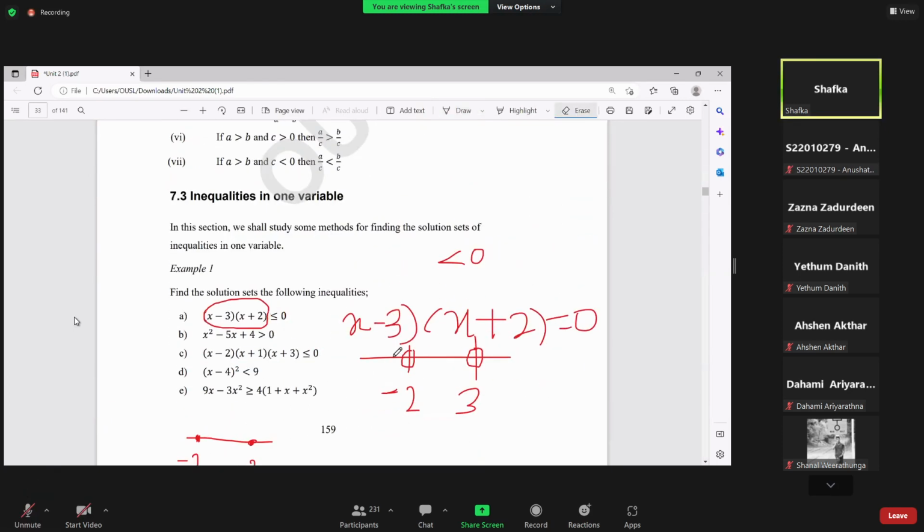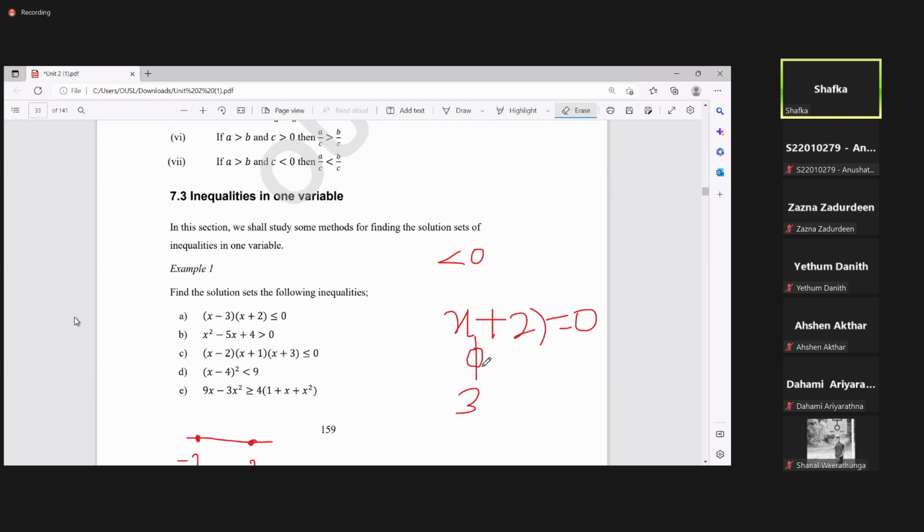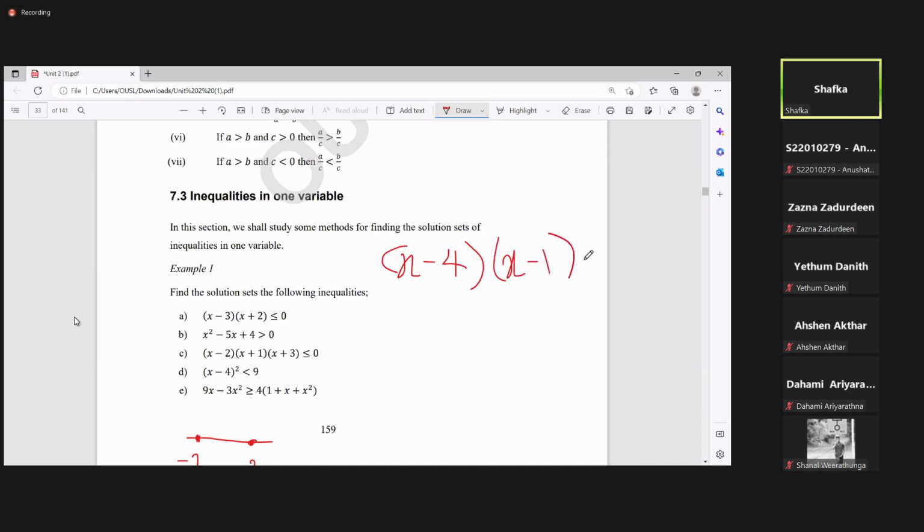Then, about this second example. Can you all factorize that? What is the factorization? x minus 4 and x minus 1 greater than 0.